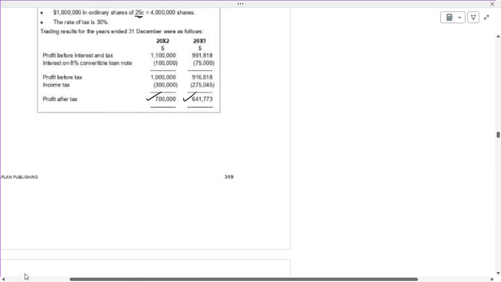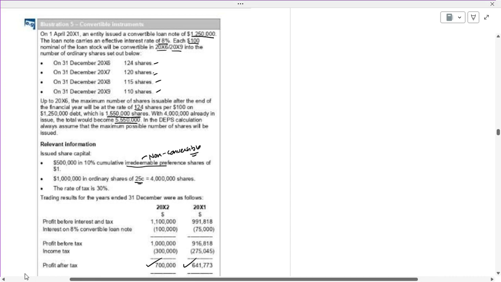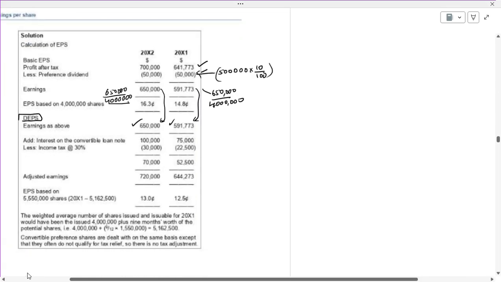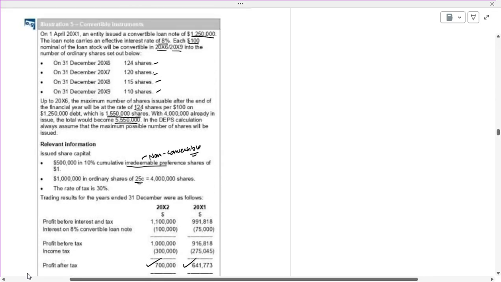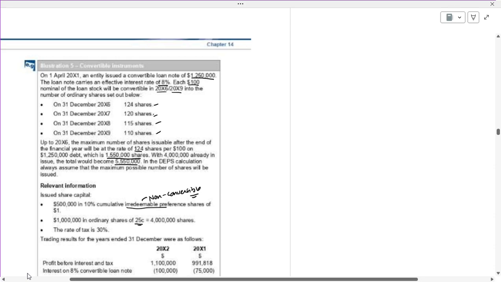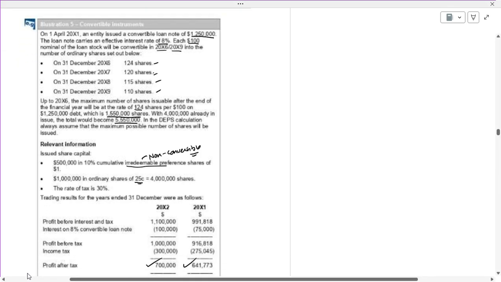How much is the bond interest? 8%. Is it right? 8%, with respect to 124 shares.